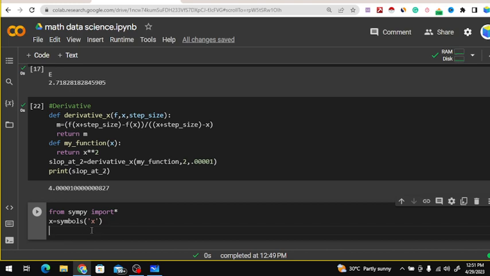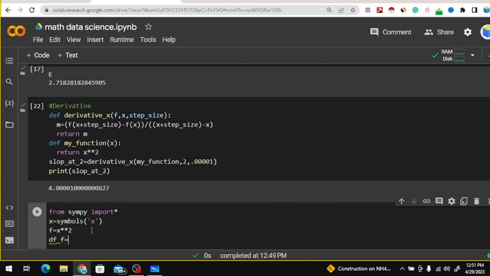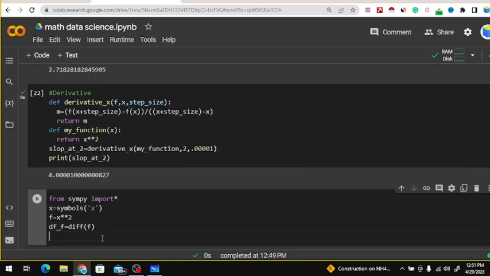So what is your function? Now I am writing the function f should be equal to 2 to the power x, and now calculate the derivative of the function. So we will create df_function, it should be equal to diff(f, x), and print here df_f.